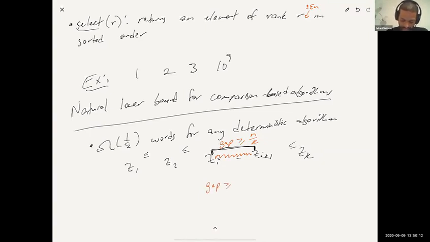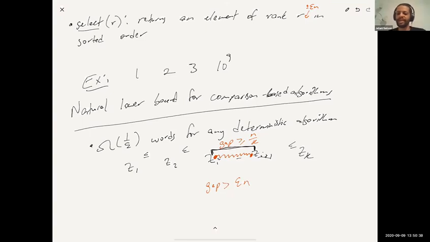In particular, if the gap is bigger than epsilon times n, then the item immediately after Zi that you saw in the stream and the item immediately before Zi plus 1 are getting the same answer. But these items are more than epsilon n apart from each other.